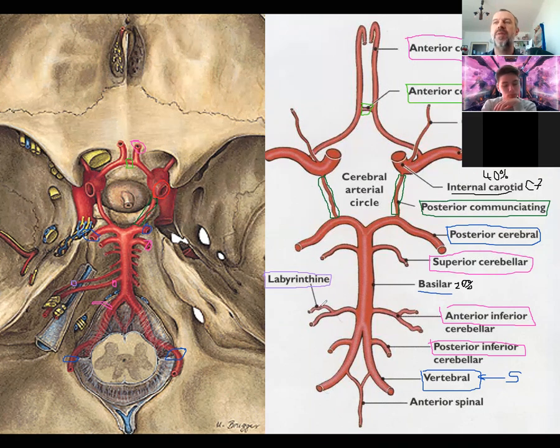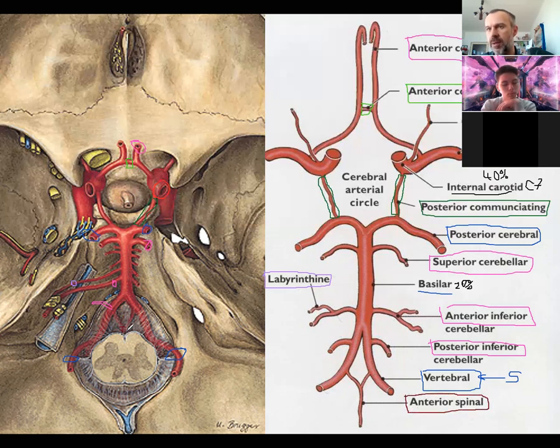If we have problems with this artery, for example stenosis, we can have problems with hearing. And then 2 arteries which supply the spinal cord. Anterior spinal.